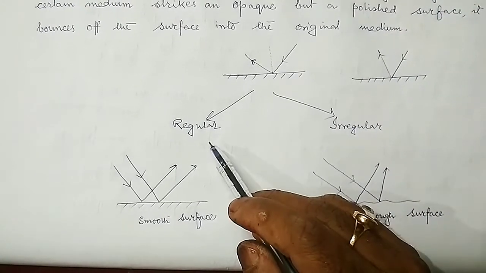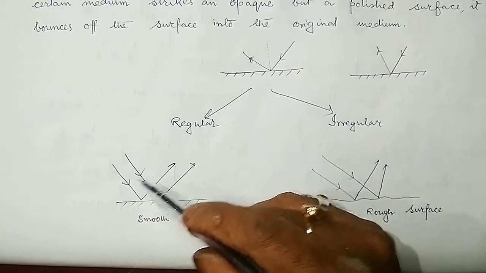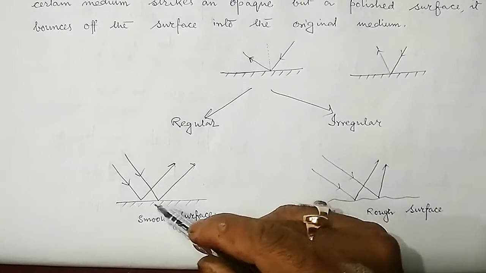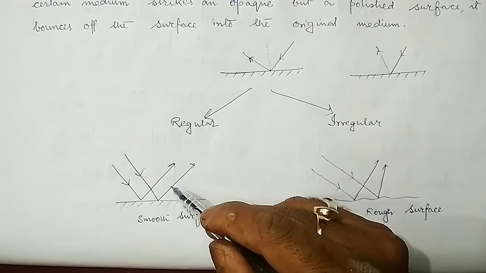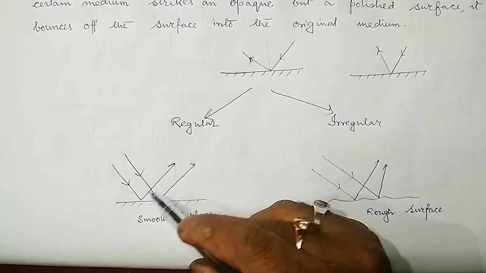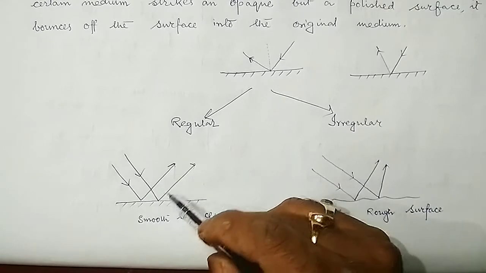In case of regular reflection, a parallel beam of light traveling through a certain medium, on striking a smooth surface, is reflected back in the same medium as a parallel beam. Incident rays are parallel, and after reflection, reflected rays are also parallel, then we say this is regular reflection.